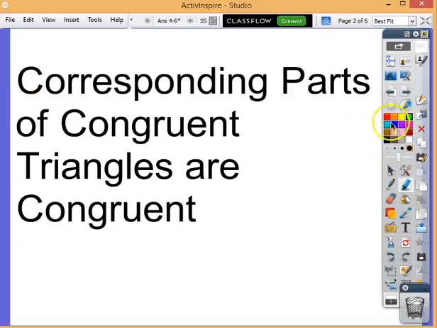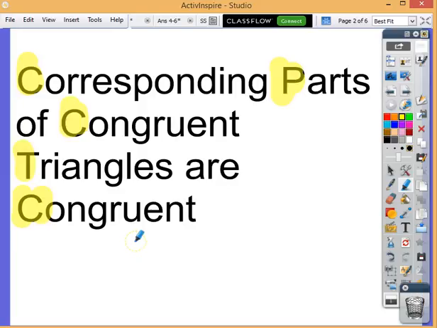So that leads us with a reason, and the reason is going to be CPCTC, corresponding parts of congruent triangles are congruent. That's probably a good one to make a note card on.